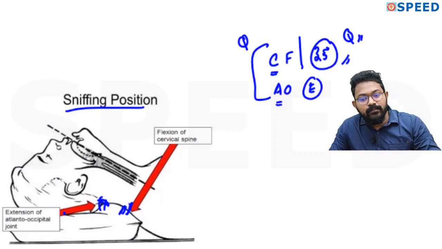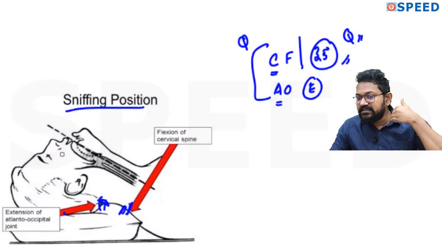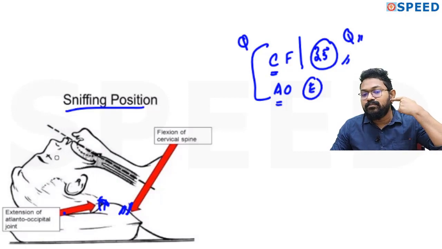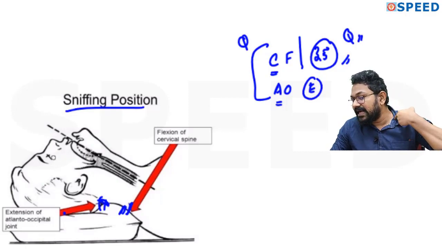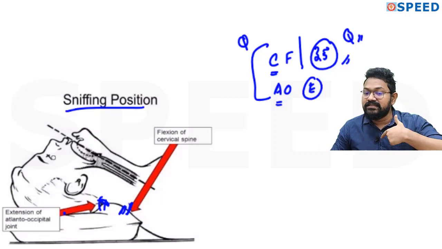Now, when you are talking about endotracheal intubation, we are introducing the tube either through the nose or through the mouth, through the pharynx and finally into the larynx. So, mouth is like this, your pharynx is more or less going like this, and then you have your larynx which is going like this. You have three important axes: oral axis, pharyngeal axis and laryngeal axis. These three run in three different planes normally.